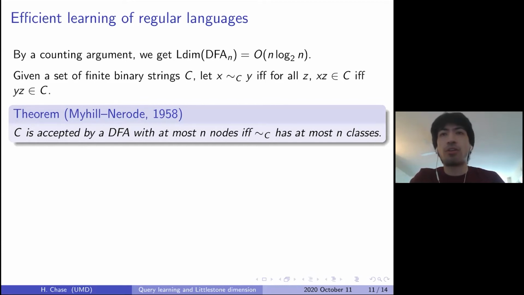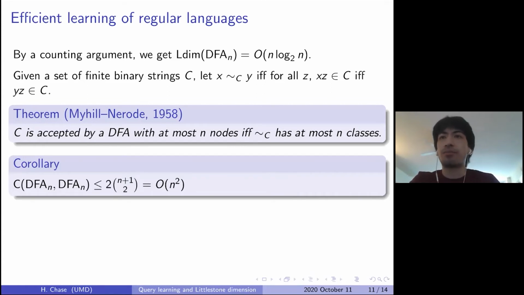The Myhill-Nerode theorem says that C will be a regular language accepted by a DFA with at most n nodes if and only if this relation has at most n classes. Well, the way that I've defined it, if we have at least n+1 classes, then I can exhibit this.